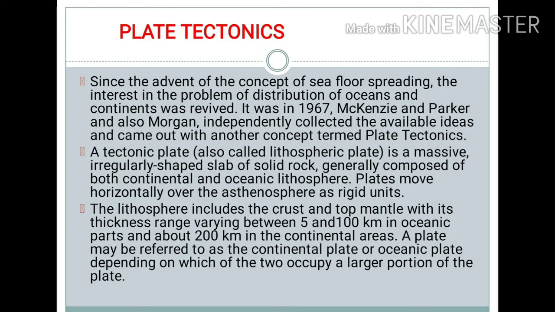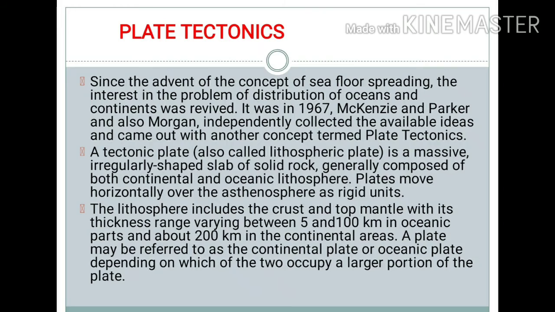Now, what is a plate tectonic theory, or what is a tectonic plate? A tectonic plate, which is also called a lithospheric plate, is a massive, irregularly shaped slab of solid rock which is composed of both continental and oceanic lithosphere. These plates move horizontally over the asthenosphere as rigid units. As I have already told you, the asthenosphere is basically the upper mantle part.